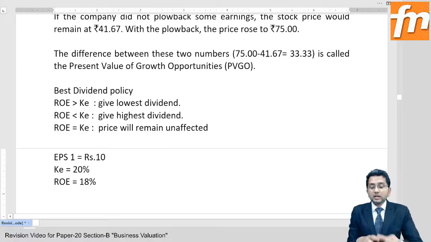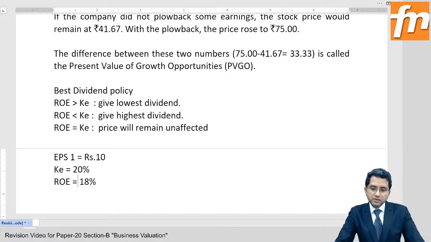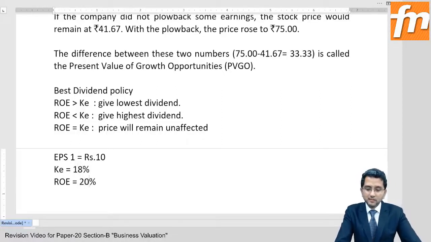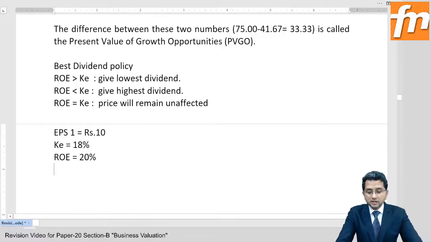Now, let me change this to 18% and this one to 20%. So look here, return on equity in this example is more than the cost of equity. So if I change the dividend, how will my price per share change?